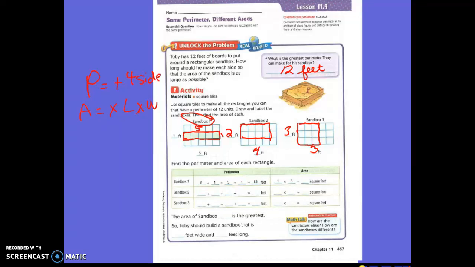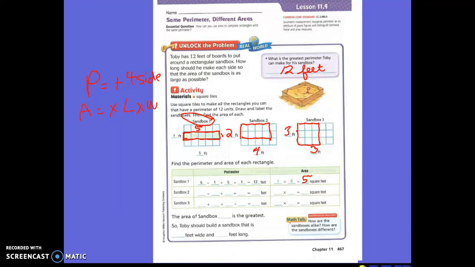So what's the area? 1 times 5 is 5. Remember, area is multiply, not add. Count how many boxes are in the middle. 5. That's the area.